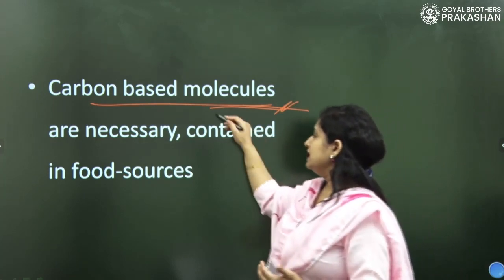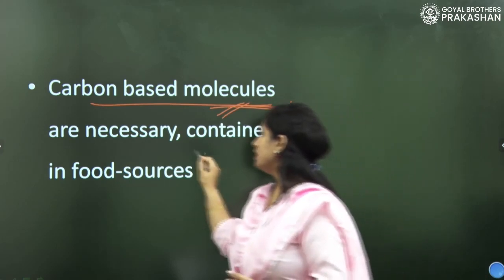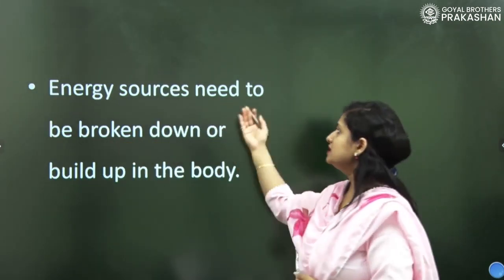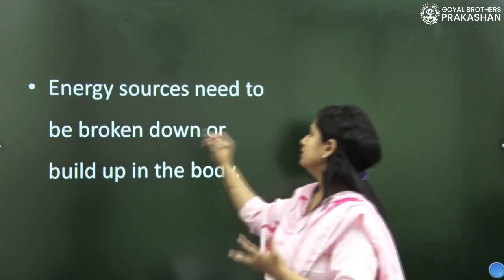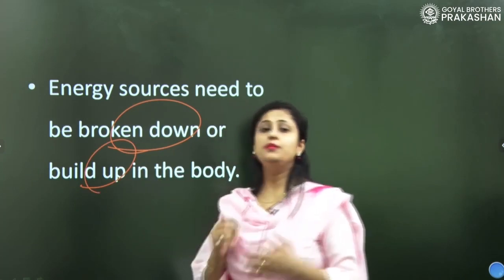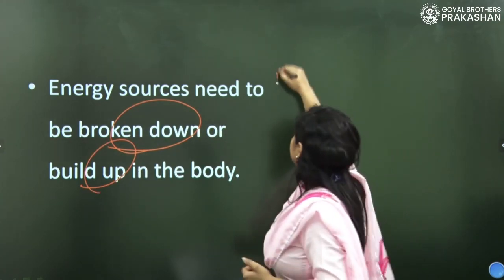These carbon-based molecules are usually present in our food sources. First, those energy sources need to be broken down or built up in the body, and the process is known as metabolism.